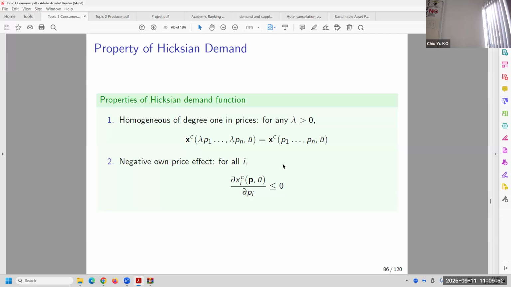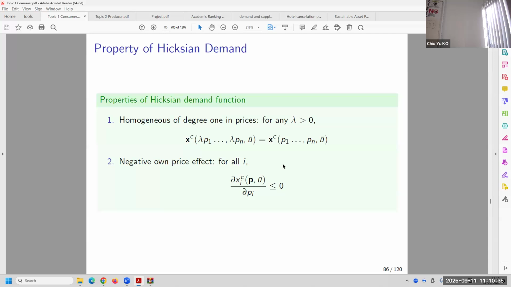The second property, which is very nice, is that demand is always non-increasing in prices. This is what economists have tried to look at for many years. If the price gets more expensive, I should consume less. It may not happen in Marshallian demand, but it always happens in Hicksian demand. Later you will see the reason, because there's no income effect in this model. Your income is always compensated.